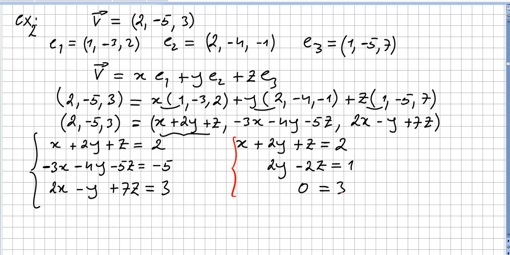So 0 equals 3, which is impossible. So the system is inconsistent and has no solution. So we can say that v cannot be written as a linear combination of vectors e1, e2, e3.